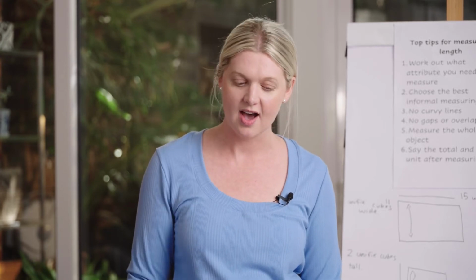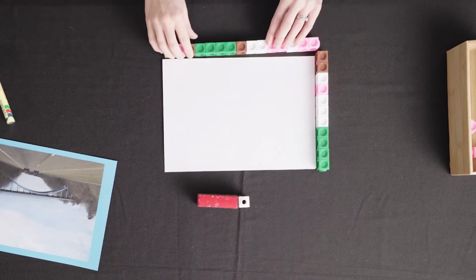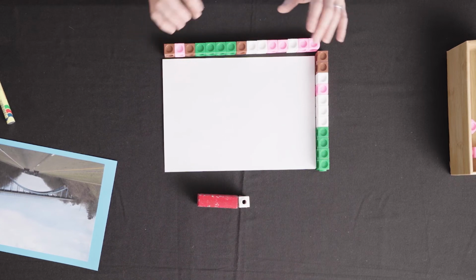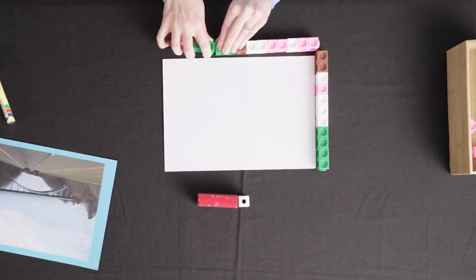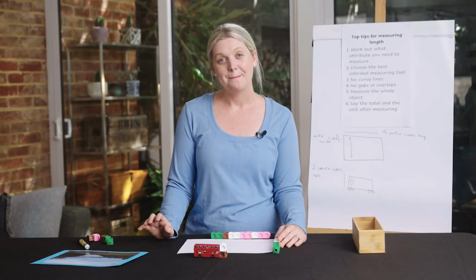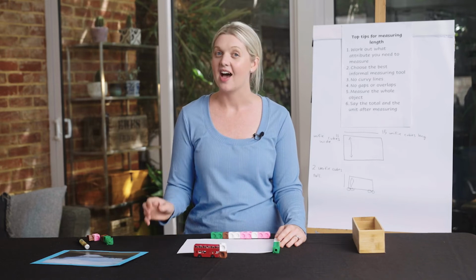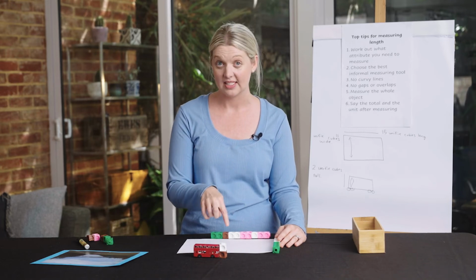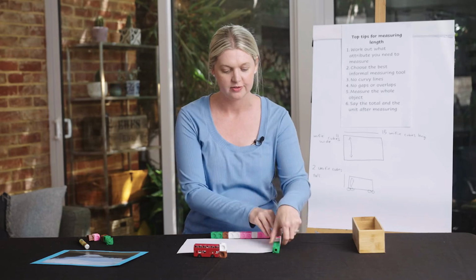Now, we know that our bridge needs to have less length and width than the paper and more height than the car. So let's take off some of these Unifix cubes now because it needs to be shorter. Now, my bridge needs to have a narrower width than this paper, so let's take some off.